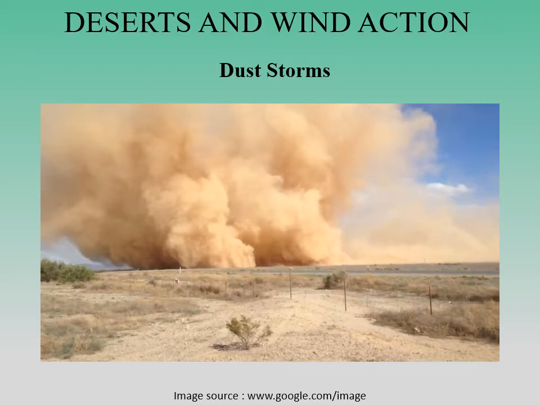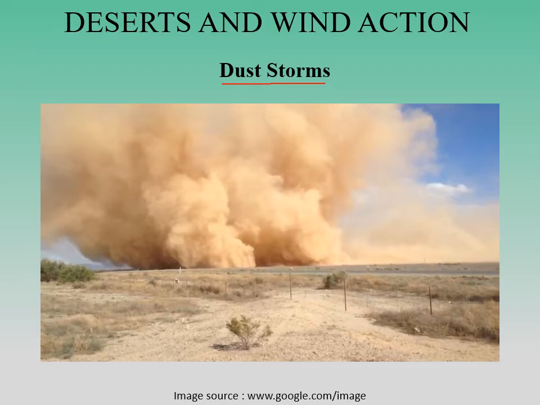So depending on the sedimentary grain size blown by the wind, the name of the storm varies. If it blows mostly silt and clay sized particles, it is known as dust storms. If it is blowing mostly sand sized particles, it is known as sandstorms.